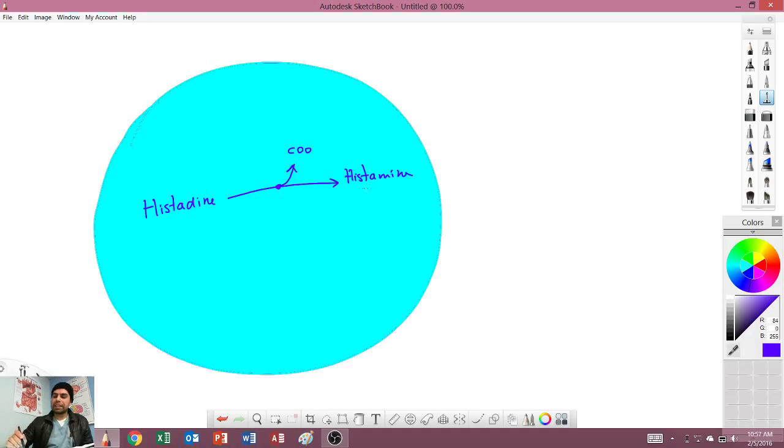Whereas histamine is not an amino acid anymore. It's an amine group without the carboxylic group, so it's just a local factor. This histamine is then packaged within vesicles or granules, which stain blue. This cell is known as a basophil as long as it is found in blood. In tissue, outside of the blood vessel, it becomes a mast cell.